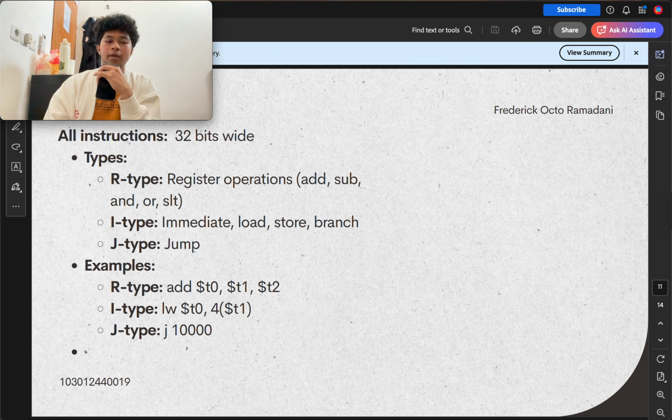MIPS uses three main types of 32-bit instruction formats: R-type for register-to-register operations like add or sub, I-type for instructions with immediate values as well as load, store, and branch, and the last one is J-type for jump instructions, J for jump. We can see some examples in the slides already. So let's get into the next topic.